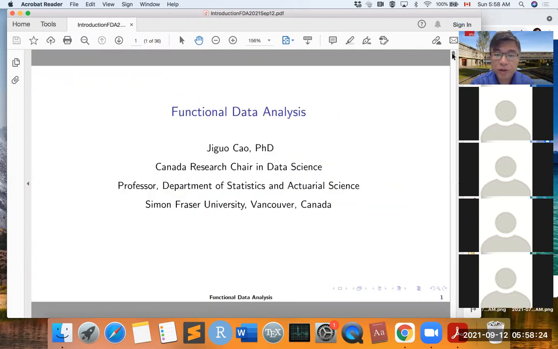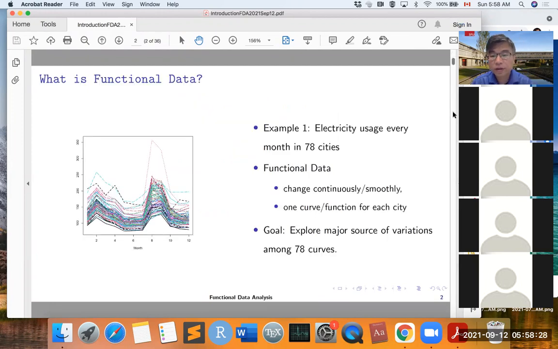Okay, let me give you an introduction about functional data analysis. So let's first learn about what is functional data. I'll give you some typical examples we will see when we do functional data analysis. The first example is the data showing on the left.